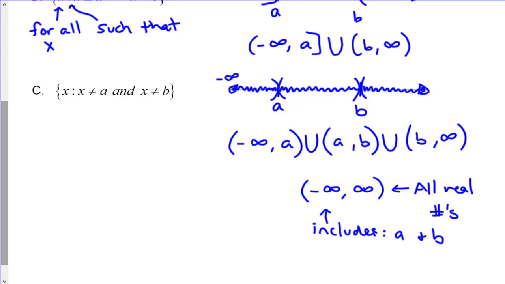But the problem is, I want a set that does not include those values. And so this is the way of expressing a set that has all the values from negative infinity to positive infinity, but not a or b.